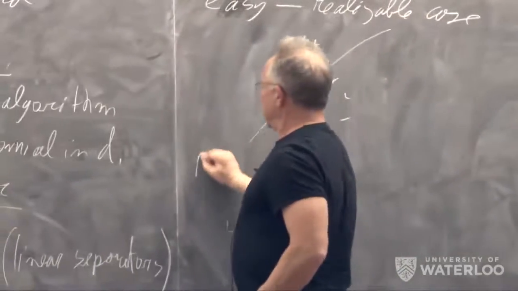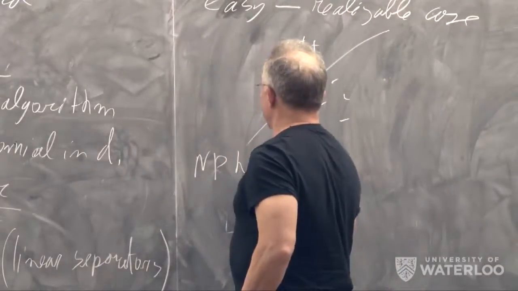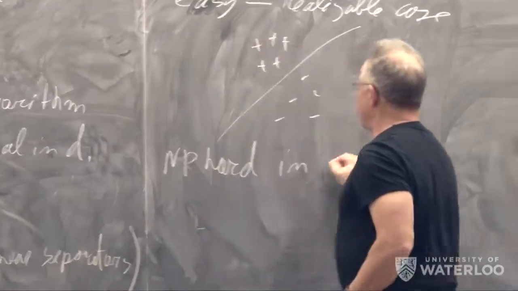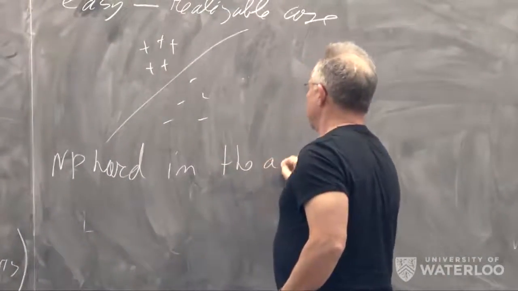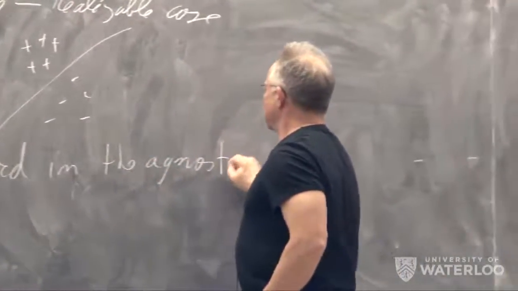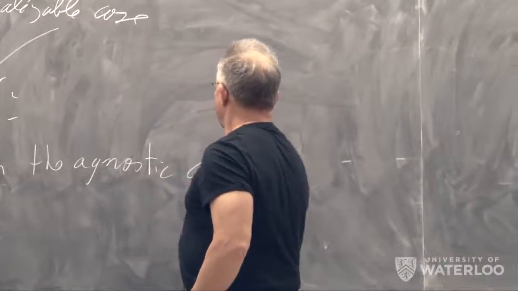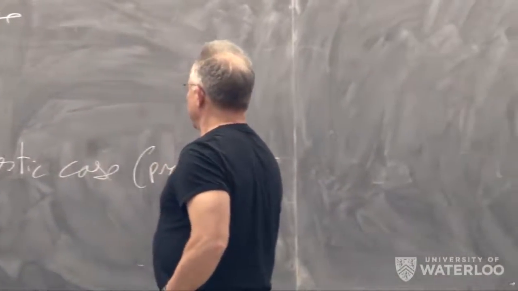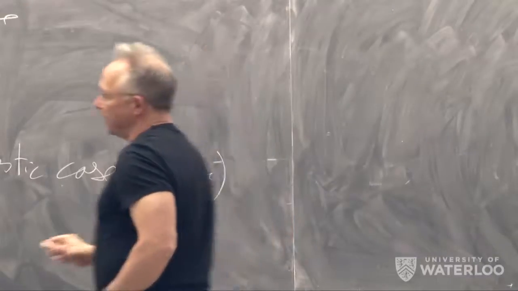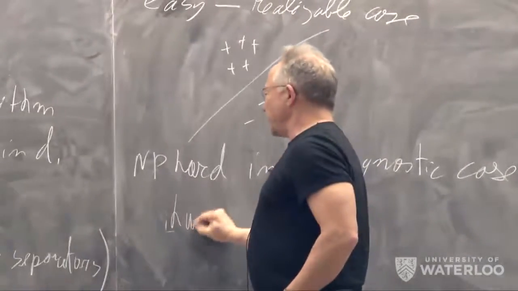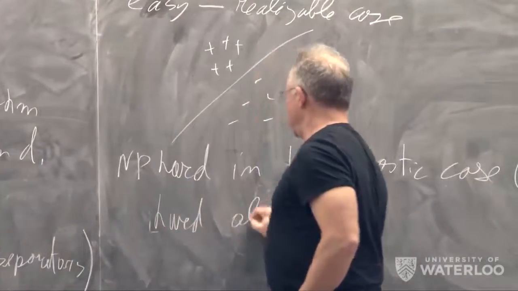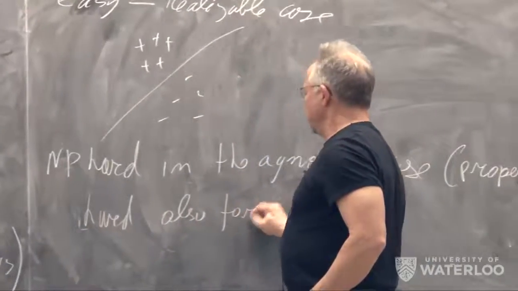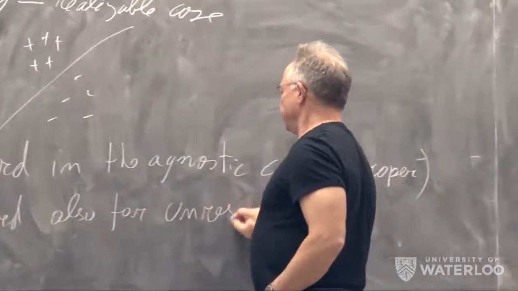So NP-hard in the agnostic case and the proper, if you want to output the half space, and it's hard in some weaker sense also for unrestricted learning.